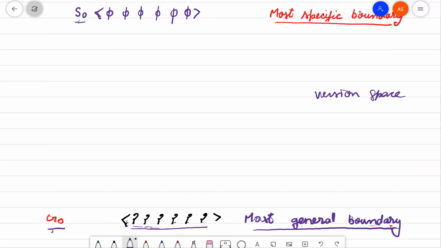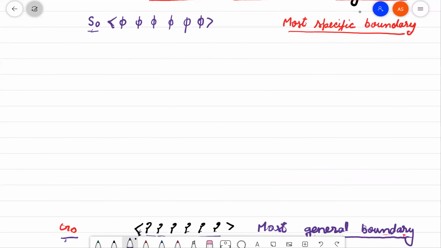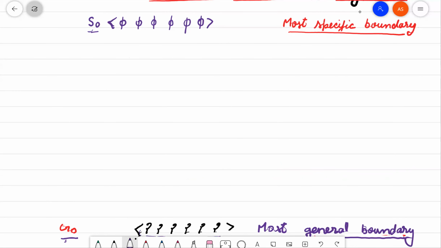Now let us discuss this algorithm step by step. First, we have initialized the most specific boundary and the most general boundary. From the most specific boundary, we move downwards towards the most general boundary in the case of positive examples, and in the case of negative examples, we move from the most general boundary towards the most specific boundary.